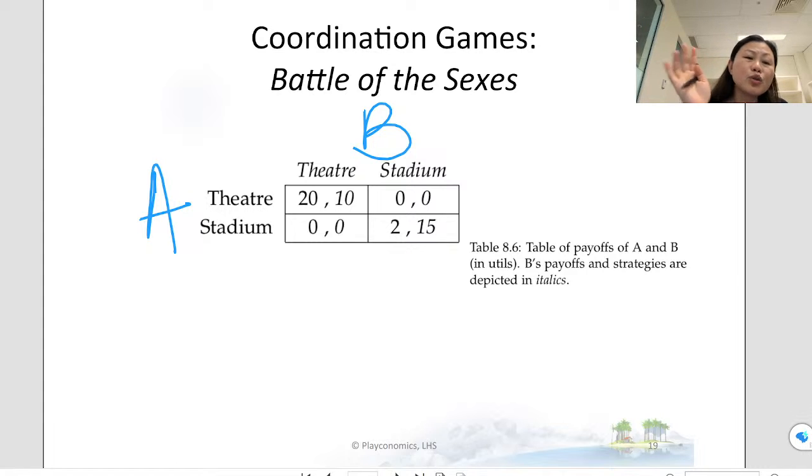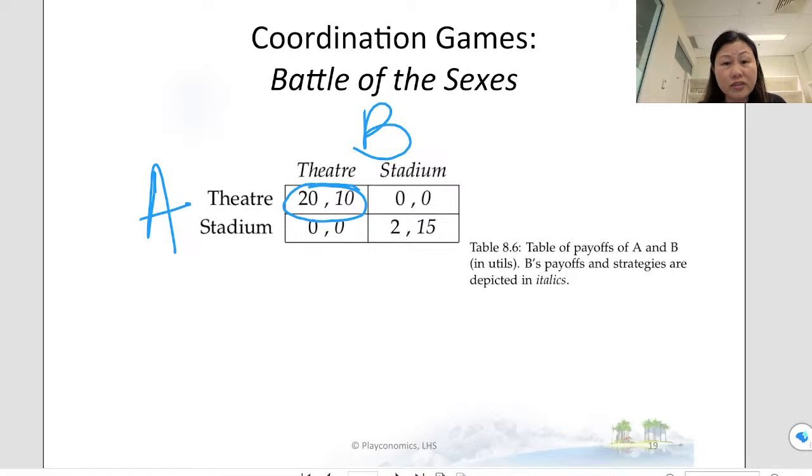They would like to coordinate and go together because you can see if they can go to the theater, they have fun. So they have a utility of 20 for A and 10 for B if they both go to the theater. Because they're together.